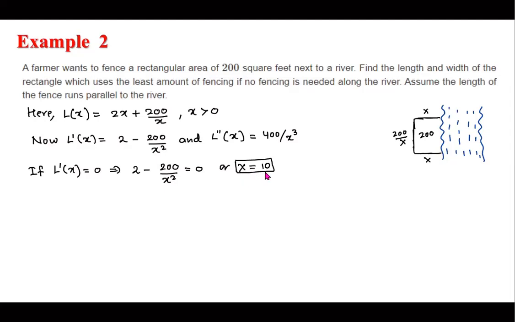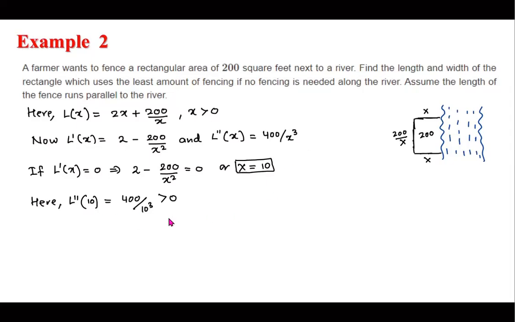So at the critical point, we have either maximum or minimum. But to confirm that, we plug the value into the second derivative. The second derivative at 10 is 400 over x cubed, so 400 over 10 cubed, that is greater than 0.